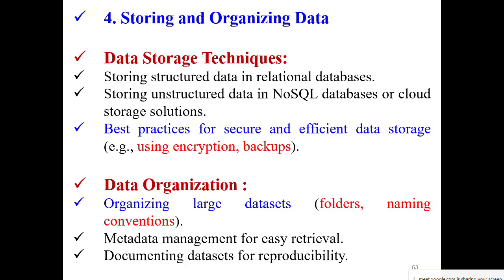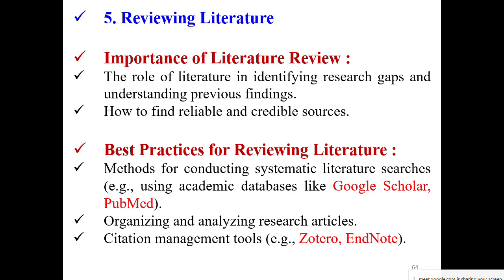documenting data sets for reproducibility, etc. Then the fifth concept is reviewing literature. We have the importance of literature review, like the role of literature in identifying research gaps and understanding previous findings, how to find reliable and credible sources, and best practices for reviewing literature.